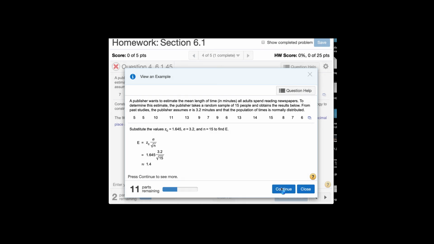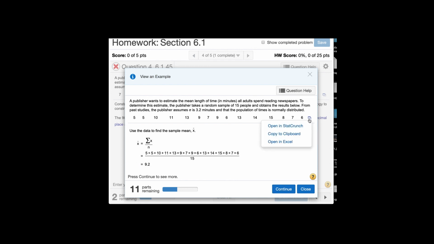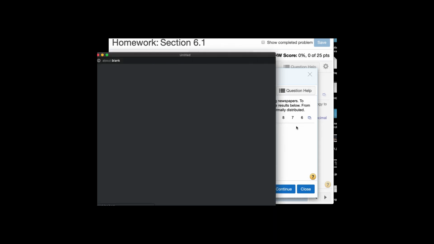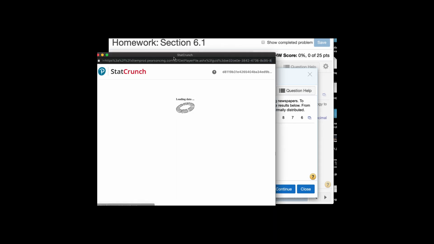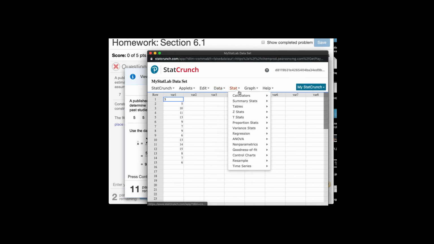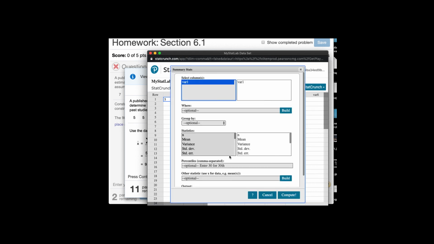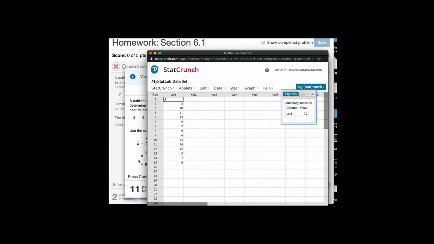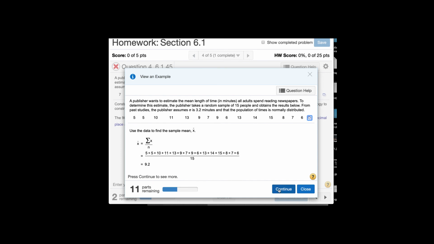we need to find x bar. X bar is 9.2. We just add them and divide by 15. Like I said, you could use StatCrunch and come up with this 9.2. Go to Stat, summary of the column, select the mean, you get 9.2 as it's here, right?